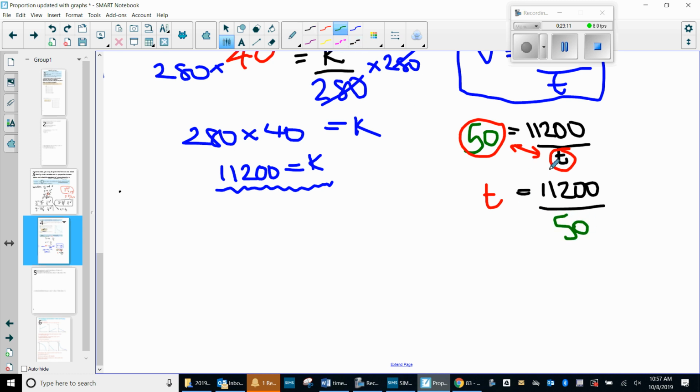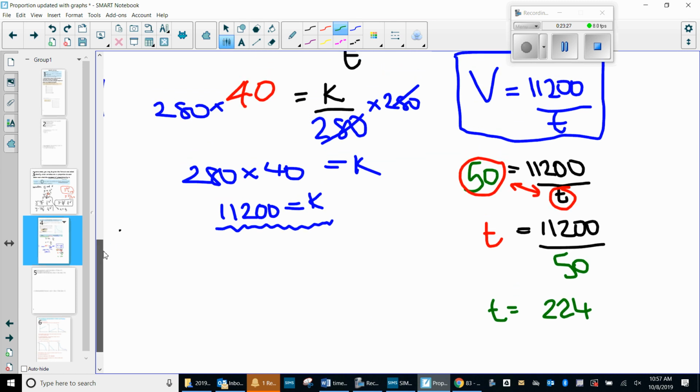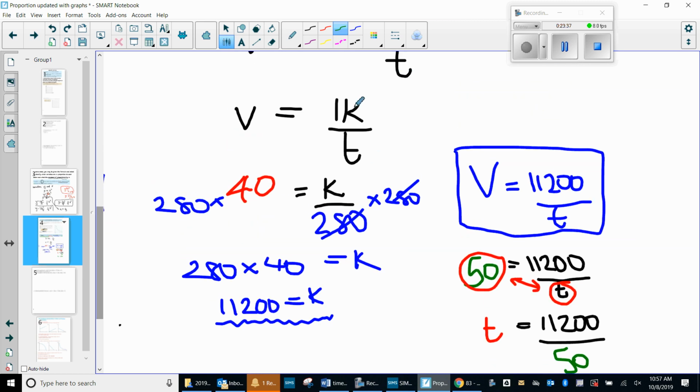So those two switch, and then you divide. You literally just put that in your calculator and tell me what the t is. 224. Thank you. And that's the answer. Way easier than the rest, because this is the easiest step. It's just like B and C. The hard stuff was all up here, wasn't it?